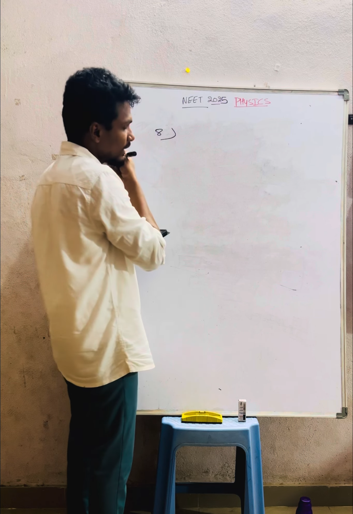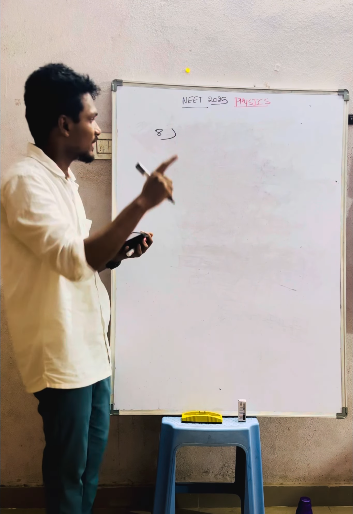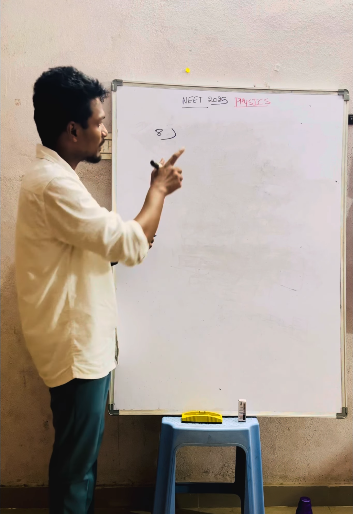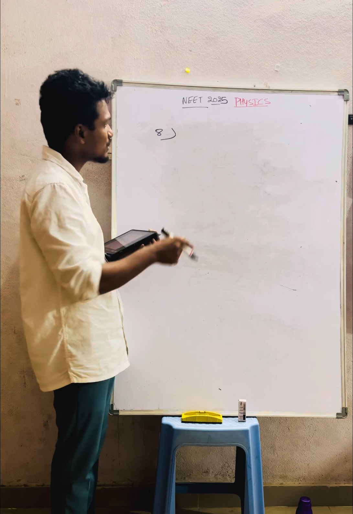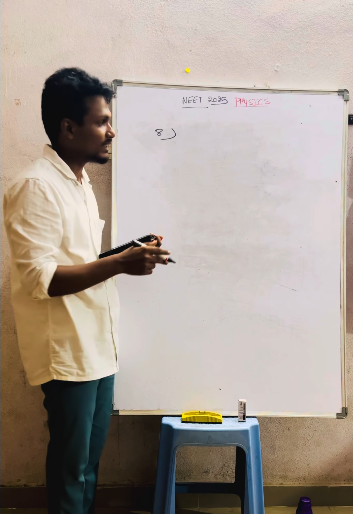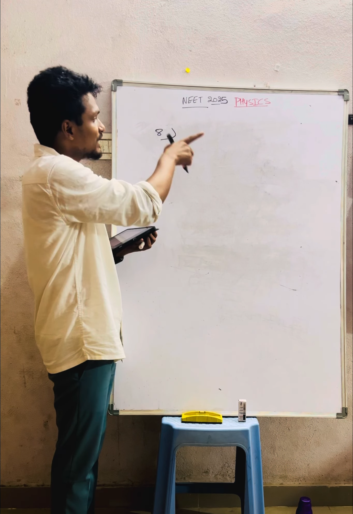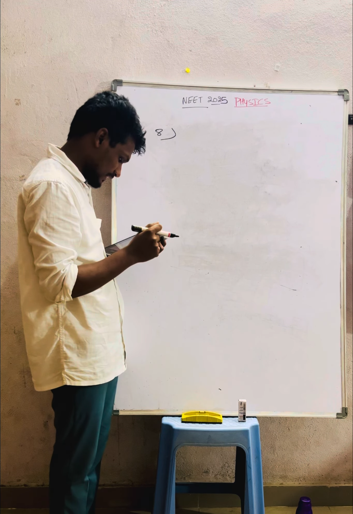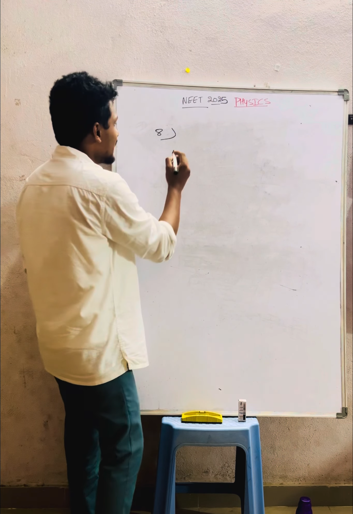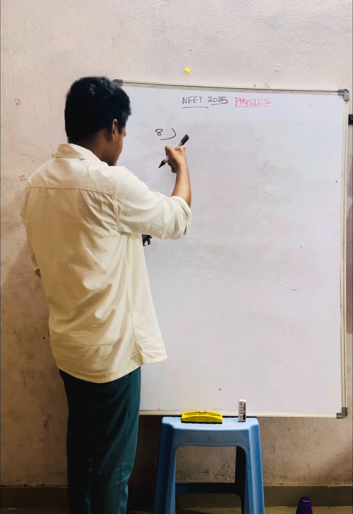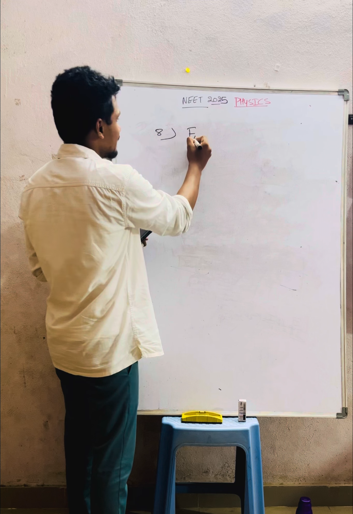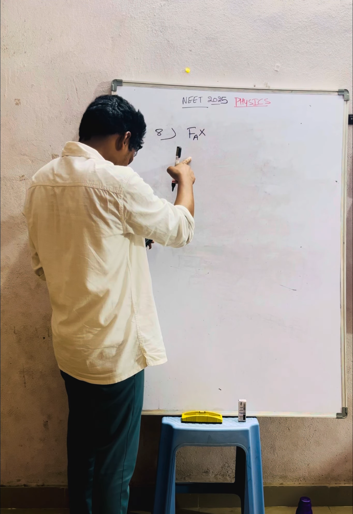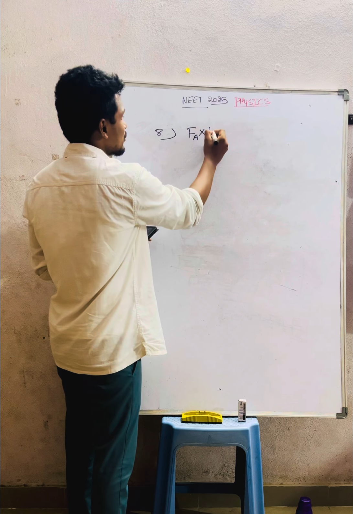Whatever the kinetic energy of the car, the work done by the applied force has to change the kinetic energy, and the change in kinetic energy is the initial kinetic energy because the particle comes to rest at the end. So the work done on A is force on A, FA, times displacement, which is given as 1000.